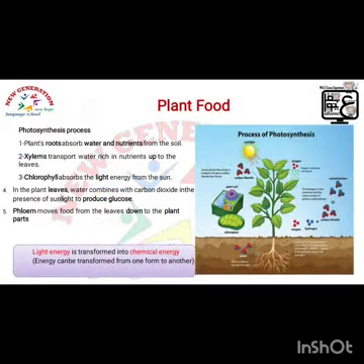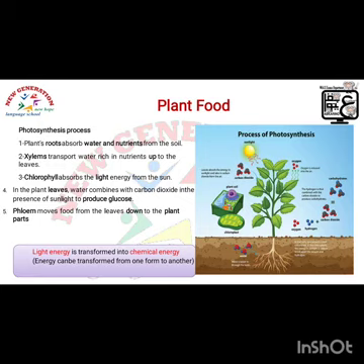Plant food. Photosynthesis process. Plants' roots absorb water and nutrients from the soil. Xylem transports water rich in nutrients up to the leaves. Chlorophyll absorbs the light energy from the sun. In the plant leaves, water combines with carbon dioxide in the presence of sunlight to produce glucose.